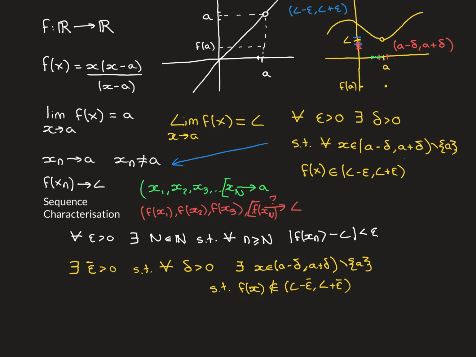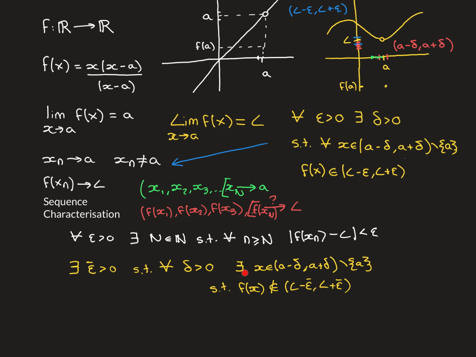interval around L. I'm going to say that again because this is complicated. So this was saying that whatever epsilon interval you take around L, there must exist a delta interval around A such that all the points inside that delta interval, except the centerpiece itself A, are mapped into the epsilon interval around L. If that is not going to be true, then the opposite is that there exists some epsilon interval, which we're calling the epsilon bar interval, such that whatever delta you choose, however small you make it, every single one of these delta intervals around A has at least one point inside it that is mapped outside of the epsilon interval and is not A itself.